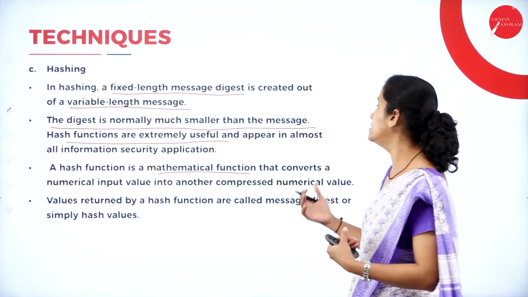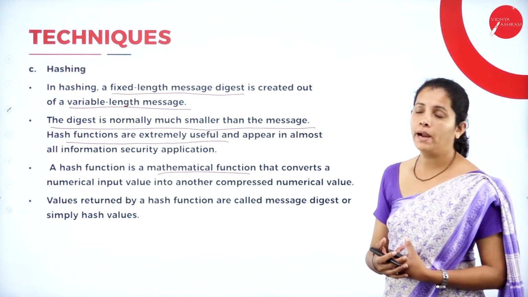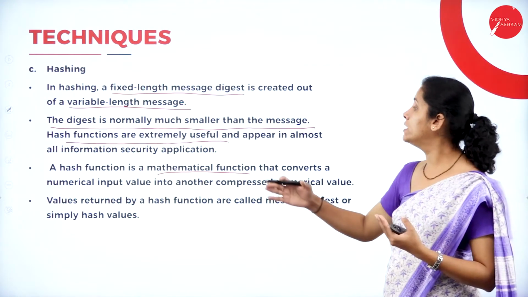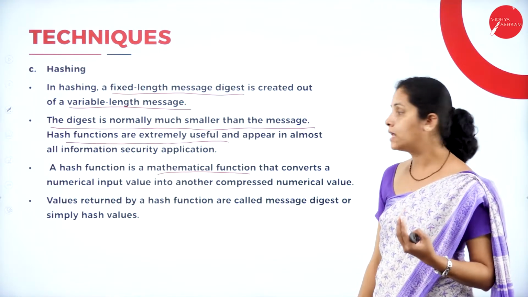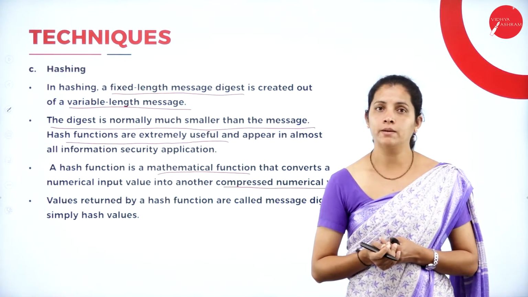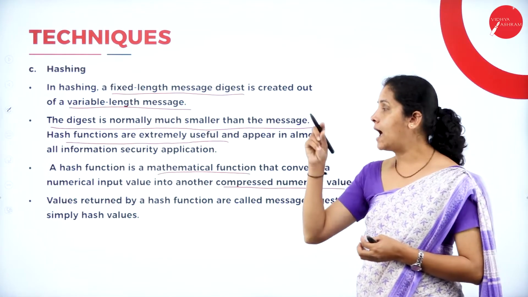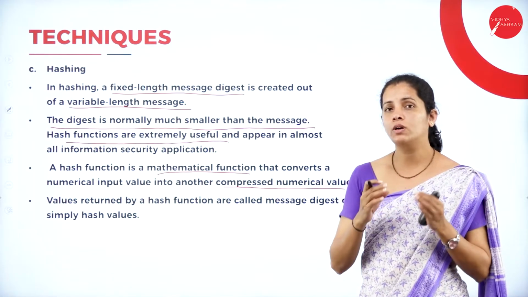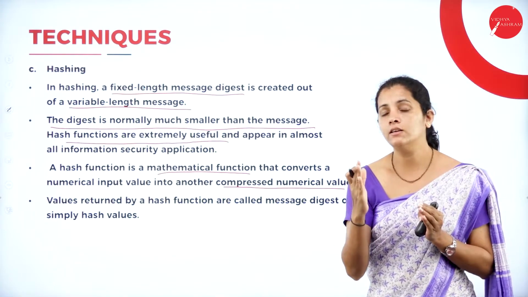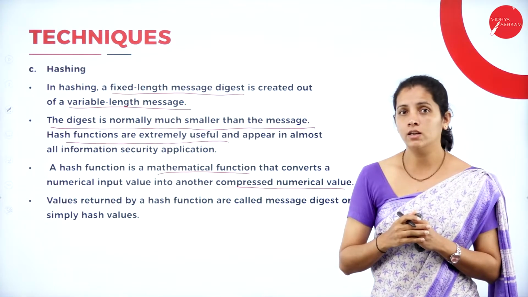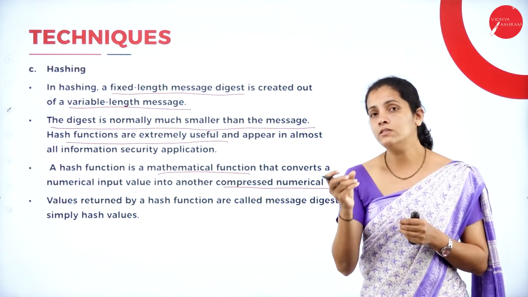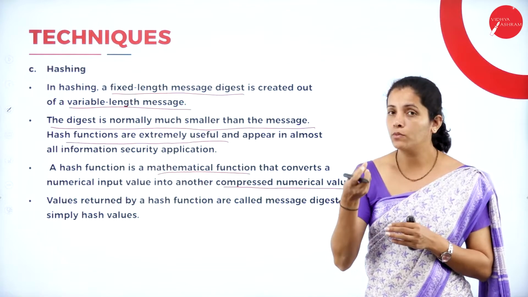Your hash function is nothing but a mathematical function that converts a numerical input value to another compressed numerical value. That means by applying the hash function, you can convert your numerical value to some other compressed numerical value. To convert the numerical value to a compressed numerical value, what am I going to use?